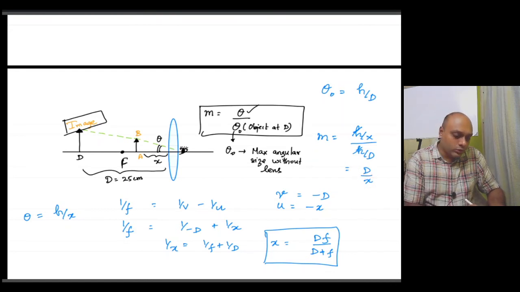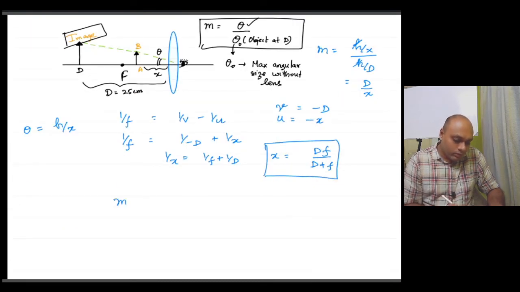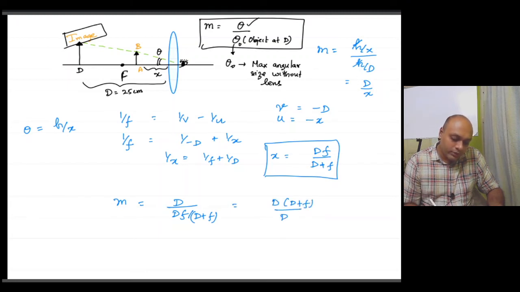So if you substitute, then we will get the magnification m equal to d divided by, x value is df divided by d plus f. So this d plus f will go to the numerator. So d times d plus f divided by df. So d will get cancelled out. We will have 1 plus d divided by f.